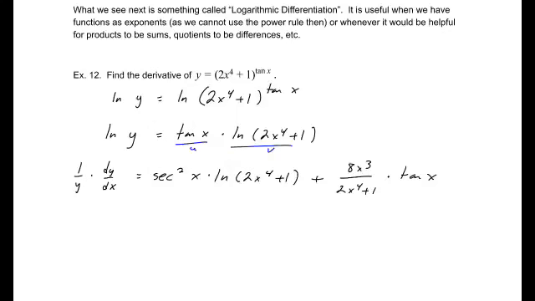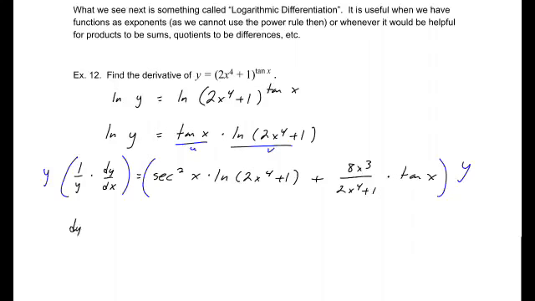Now, the last step we have, we want dy/dx, so we are going to multiply both sides of this equation by y. Now, if you recall, y is actually (2x^4 + 1)^(tan x).